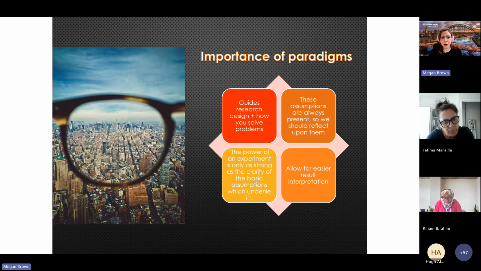There's a great quote here that the power of an experiment, I mean experiment very broadly, because most of our work within clinical education is not experimental, is only as strong as the clarity of the basic assumptions that underlie it. So essentially, to have power, and I don't mean statistical power or any specific definition, I mean on a broad level, to have impact and power from the research that you do, we need to make clear those basic assumptions, those paradigms that we're looking at the world through.